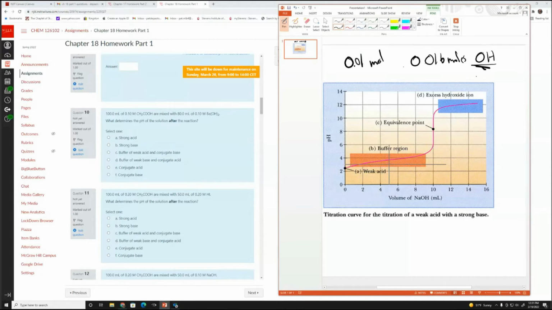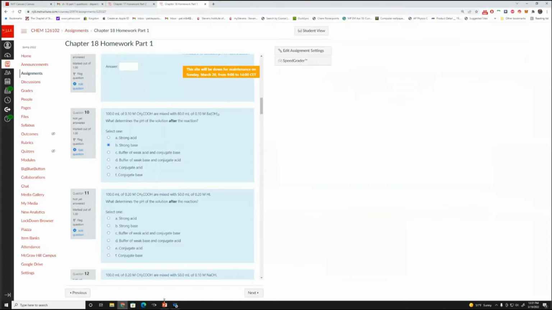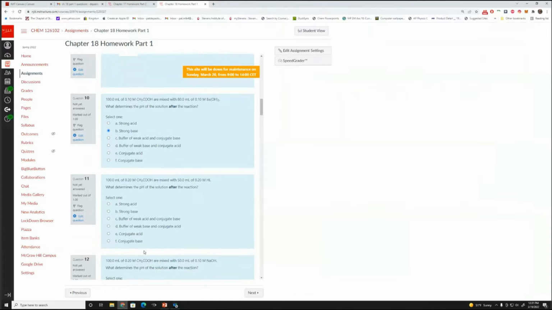Now, comparing these mole values, we have more of the strong base. We have more of the hydroxide, which means that the acid will be completely neutralized, and the excess will be 0.008 moles of OH in excess. This means that the pH is determined just by the presence of the strong base. So that would be the answer there.